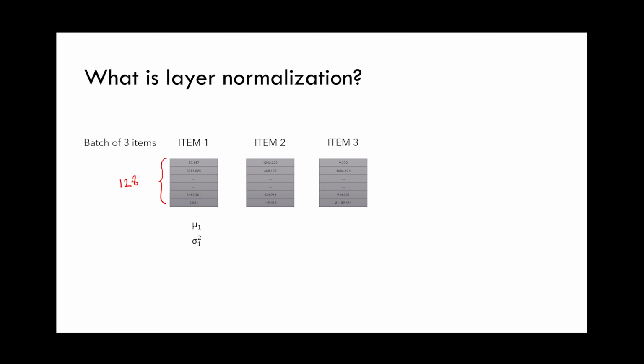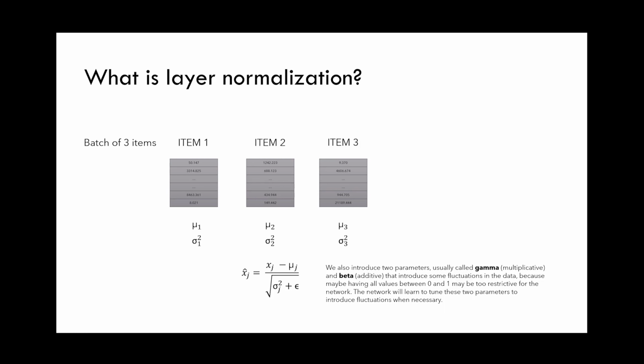We do the same for item 2 and for item 3, and then we normalize each value using its own mean and standard deviation. If this is the batch dimension and this is the feature dimension, we are actually normalizing along the feature dimension. So each item is treated separately; they don't mix with each other.